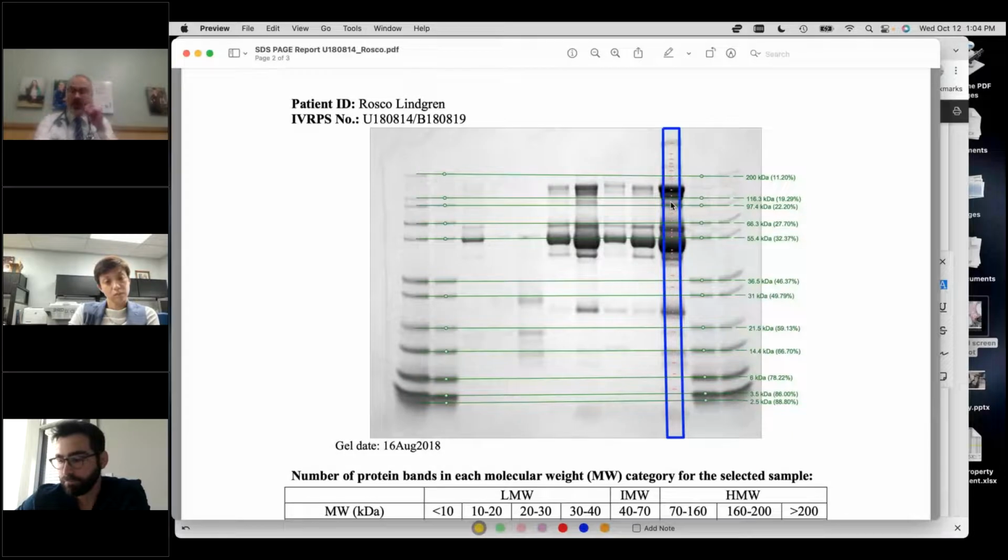So one other thing that could be done is you can actually take these gels and cut out the bands. And then you can send the bands out for essentially mass spec to see what proteins are there in each of those bands. So it could be done. It absolutely could be done.